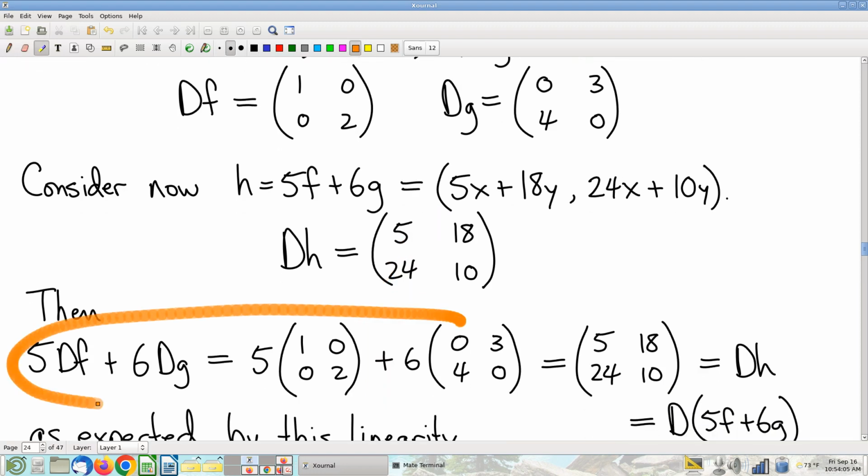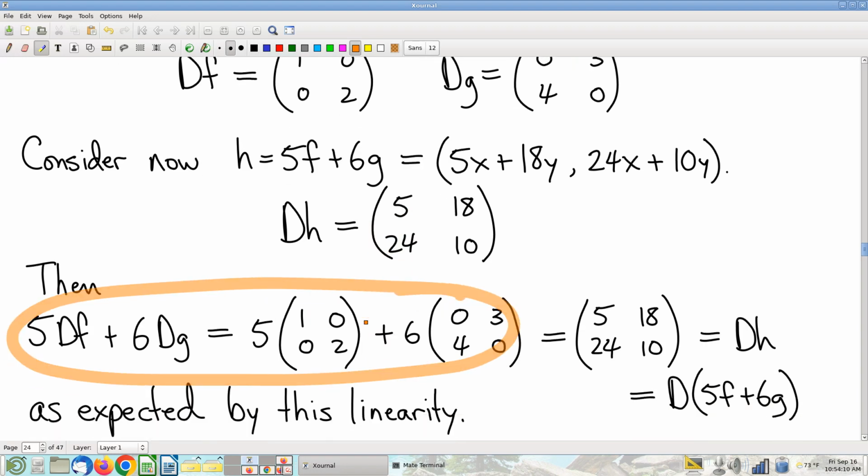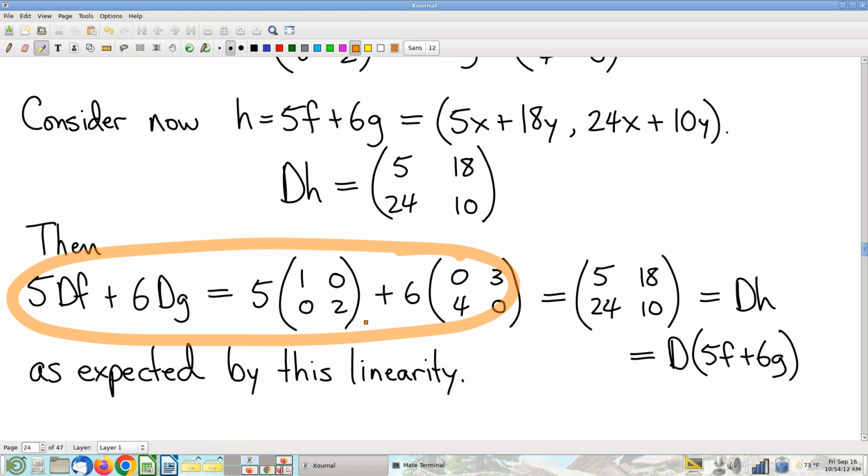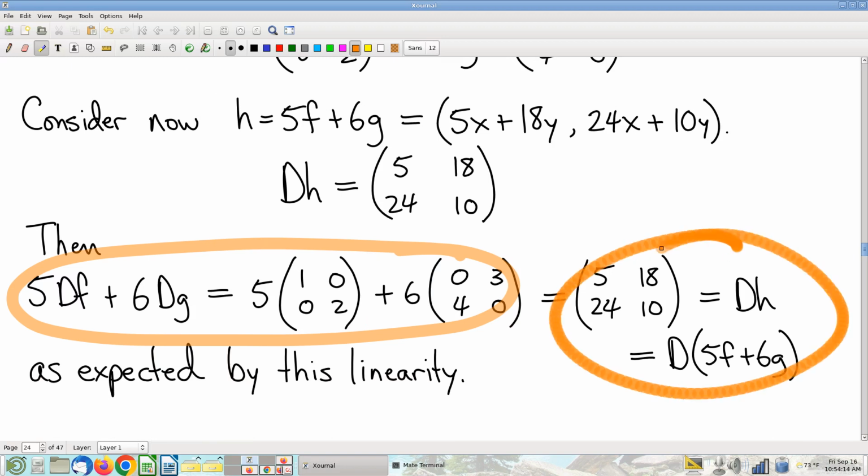If you take a linear combination of the derivatives versus if you take the derivative of the linear combination, yep, same thing. So it totally works. You can check the arithmetic, but the linear combination of the derivatives and the derivative of the linear combination are the same.